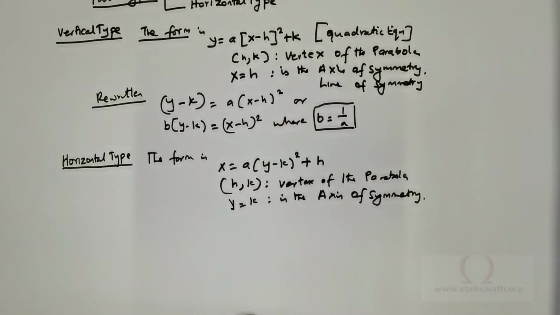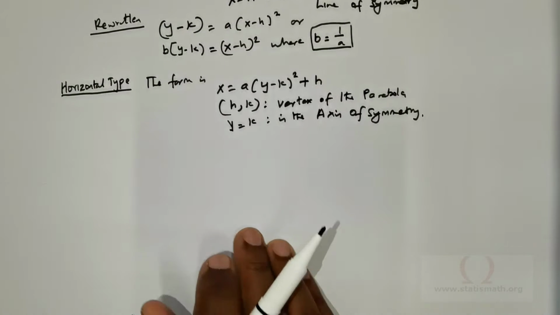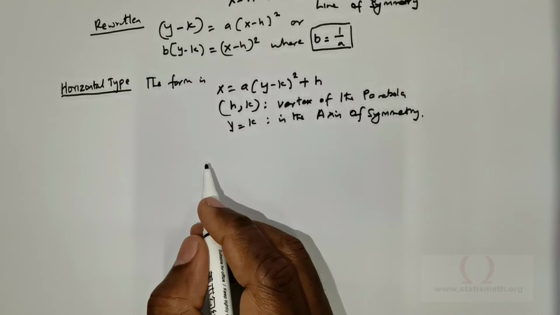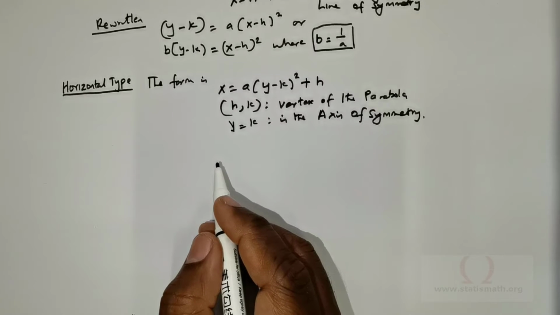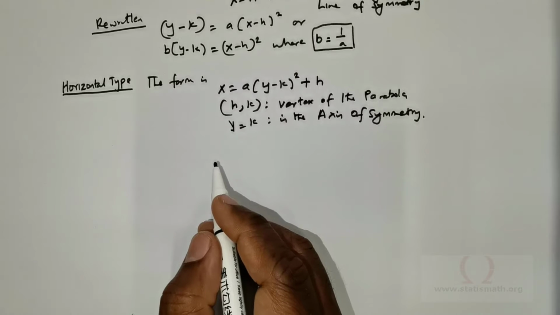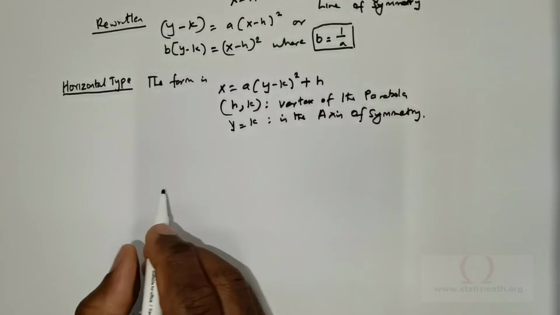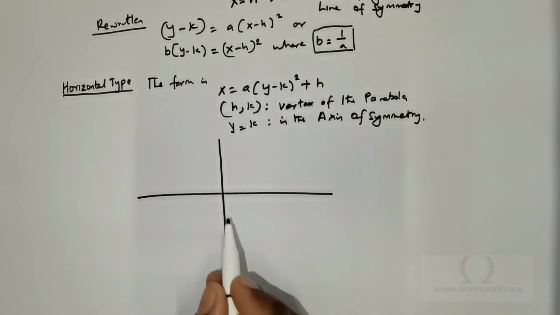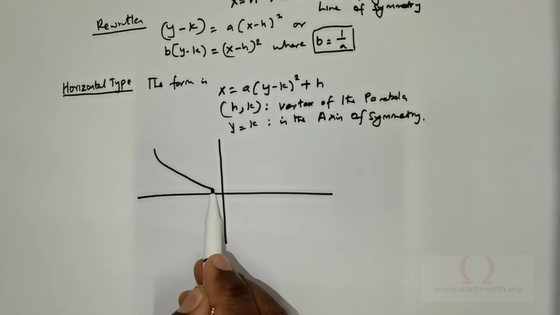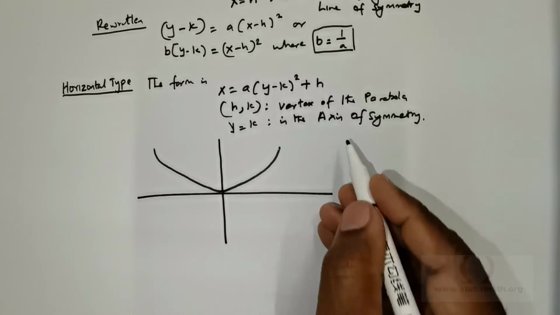Now, having said that, let us move on and study about the directrix, the focus, and the latus rectum. Now, I'm going to draw a parabola. This is a vertical parabola.